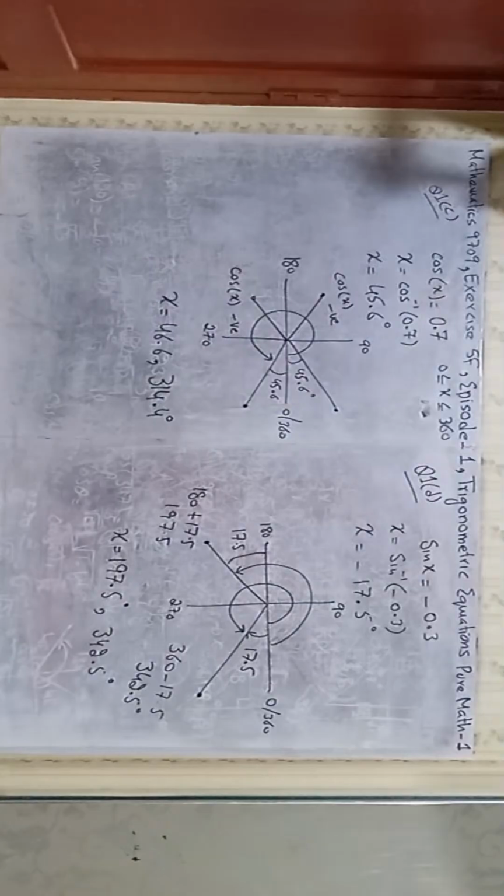We have done question number 1 and its D part. 197.5 and 342.5 are the answers, and these answers are right because the sine x was negative. The sine x is negative in the third quadrant and in the fourth quadrant. When I found the sine inverse, it gave me minus 17.5.